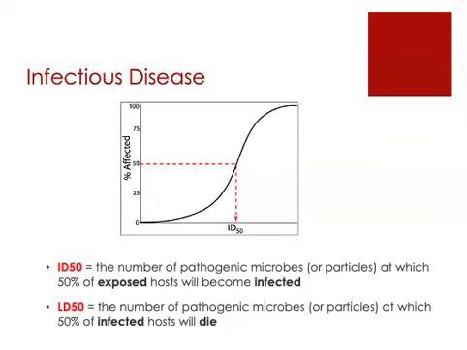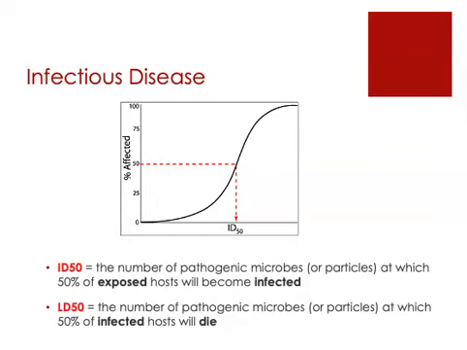The ID50 is the number of individual microbial cells or viral particles at which 50% of exposed hosts will become infected. The number of actual cells or particles that 50% of exposed hosts need to come in contact with in order to become infected.